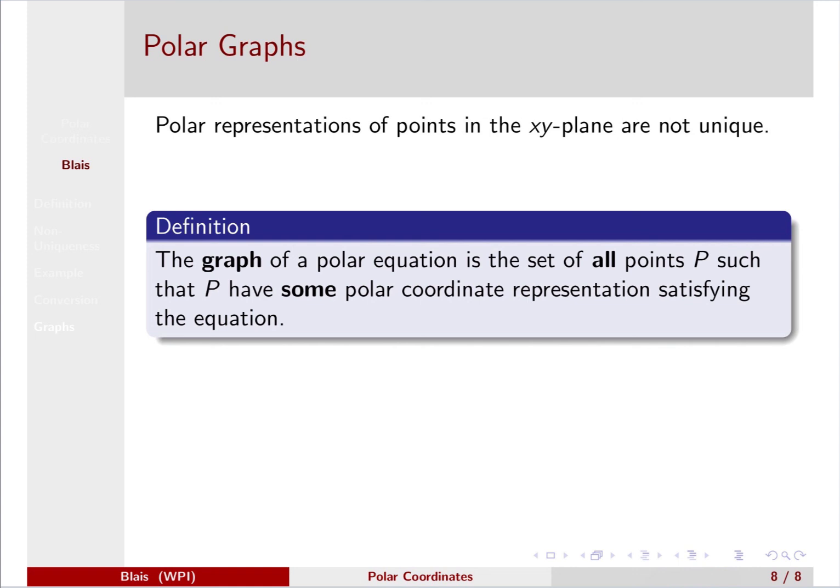So when we write down a polar equation, you may have some points where some polar representations of the point satisfy the equation and some don't. So we have to do a little bit of work in terms of polar graphing, which we'll explore in quite a bit of detail in a later lecture.